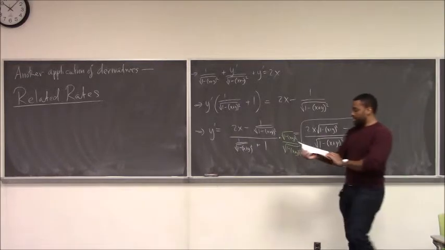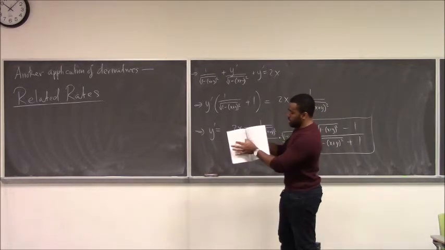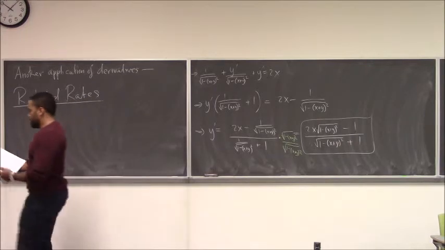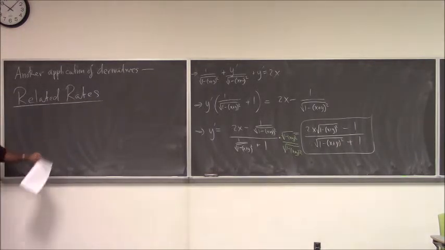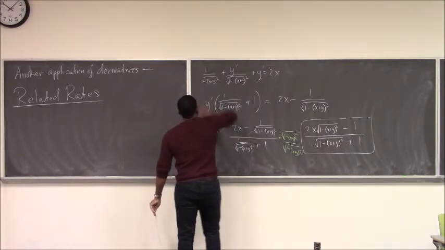And then the rest of the page and a half is just some examples. This is typically what a related rates problem would look like, and we'll talk a little more about that. But this is related rates. It's one of those more qualitative applications of a derivative.